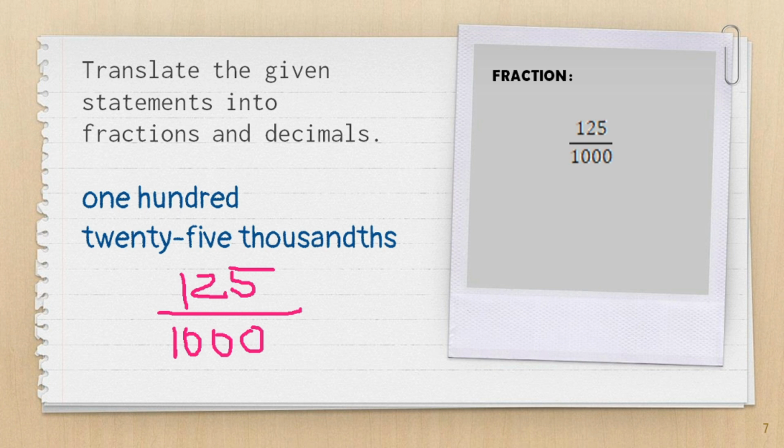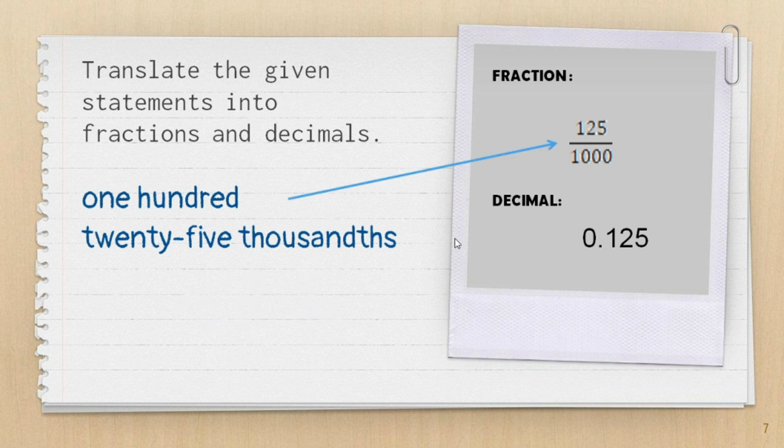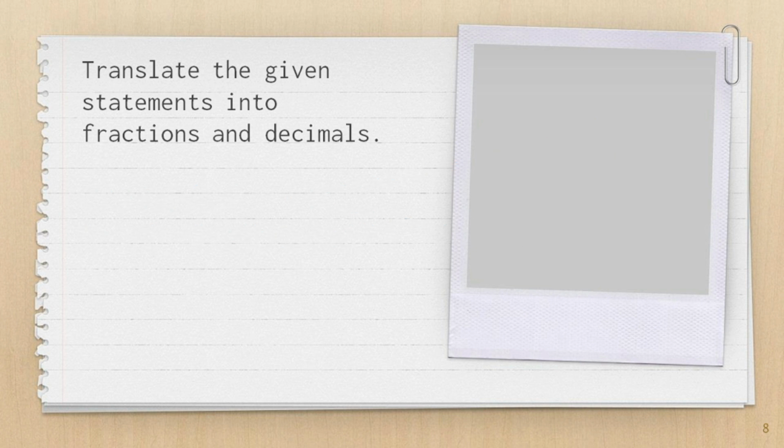So, in decimal, I have here after decimal point, so I have tenths, hundreds, thousands, and then isusulat lang natin yung 125. So, in decimal, that's 0.125 or 125 thousandths. So, again, in fraction, 125 over 1,000. In decimal, that's 0.125.